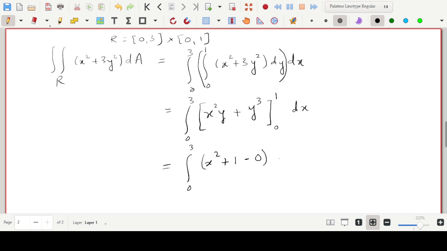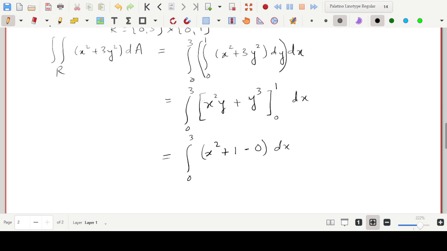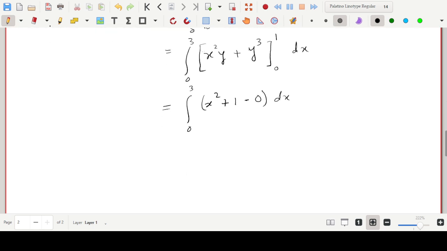Now this computation is over. Write dx as it is. Now observe that we have got a function in x alone. Y has disappeared. Now we can happily integrate with respect to x.